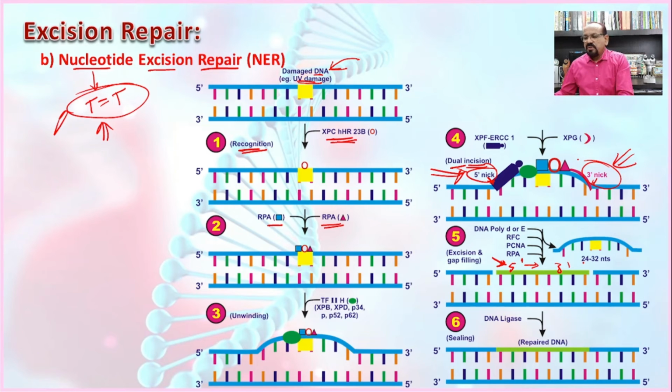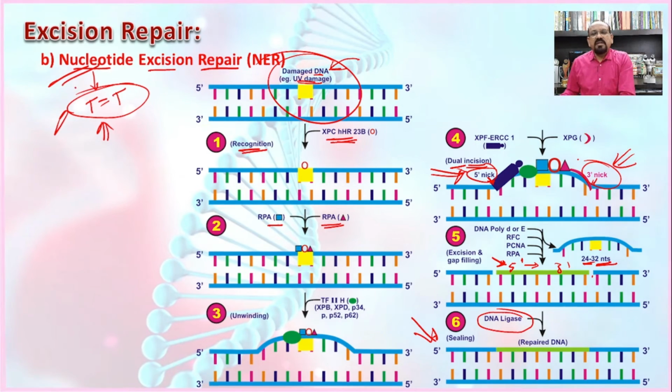Up to 24 to 32 nucleotides are added in this section, continuously synthesized, and then with the help of DNA ligase the gap is sealed. In this way the damaged part of the DNA strand is restored by removing certain nucleotides from the DNA molecule, and hence it is known as nucleotide excision repair.